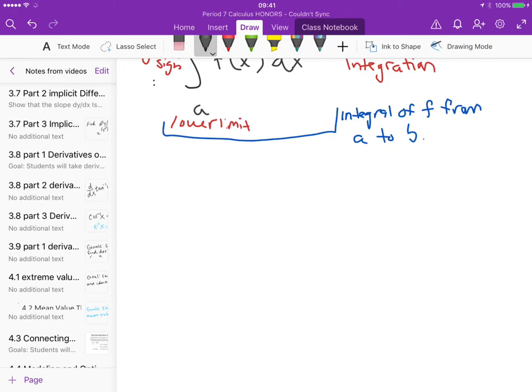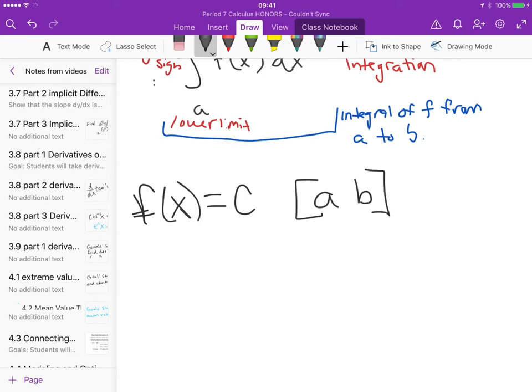Let's dive a little bit deeper into the definition of how we start off basic and find the integral of a constant value. Let's say we have a function f of x that is a constant, which we'll denote c, over the interval from a to b, to keep it consistent with what we've been talking about.